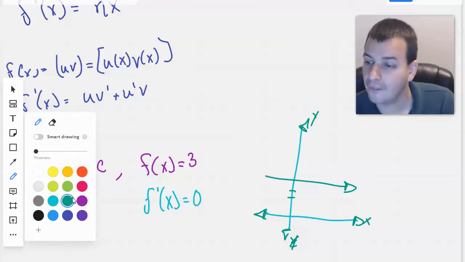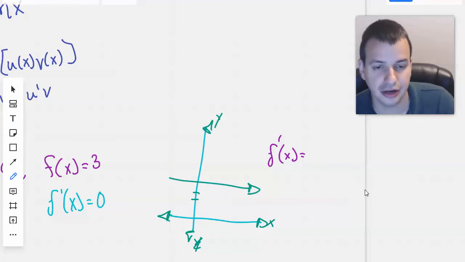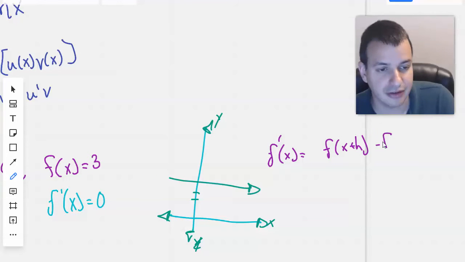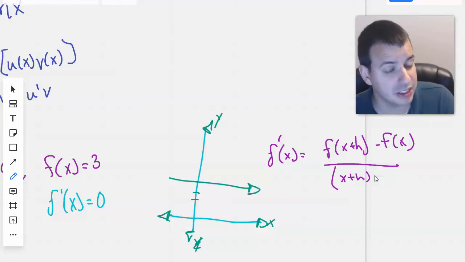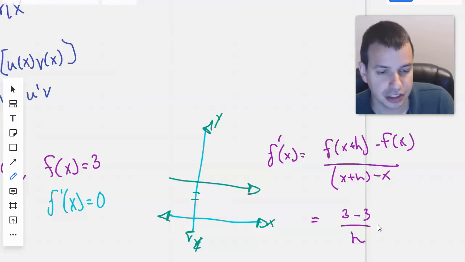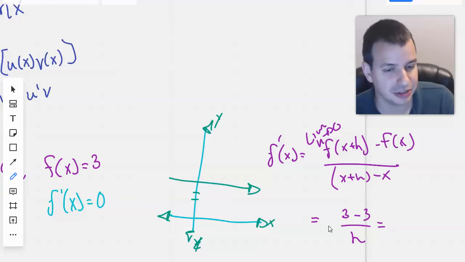And if we look back at the definition of the derivative, f prime of x equals f of x plus h minus f of x all over x plus h minus x. So when we plug in f of x equals 3, we get 3 minus 3 all over h, and this is all the limit as h approaches 0.